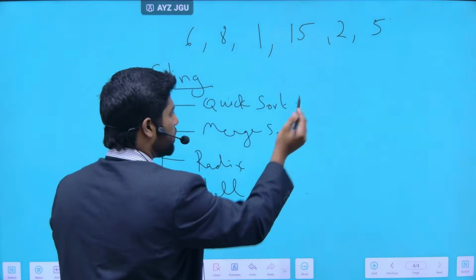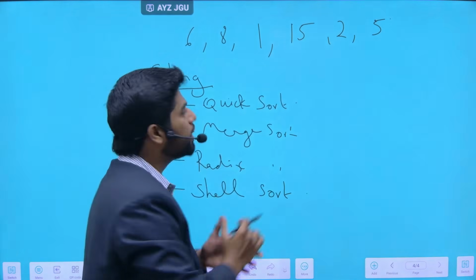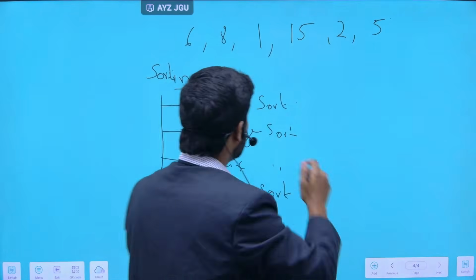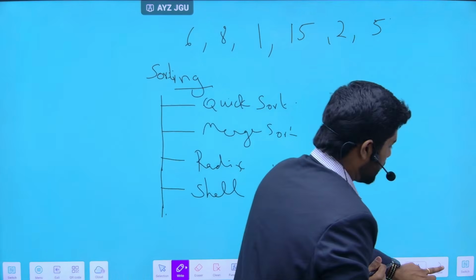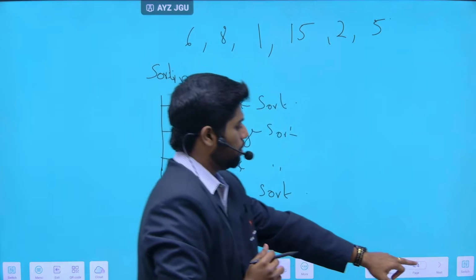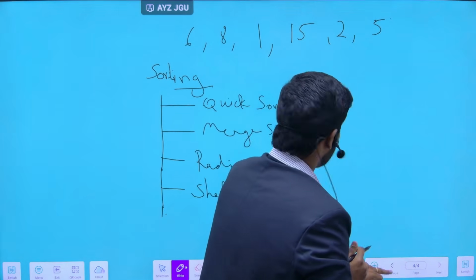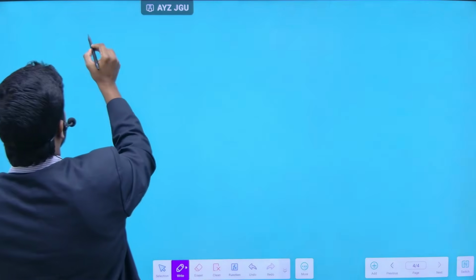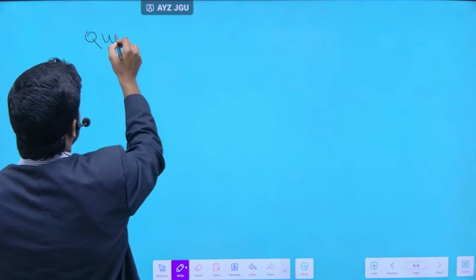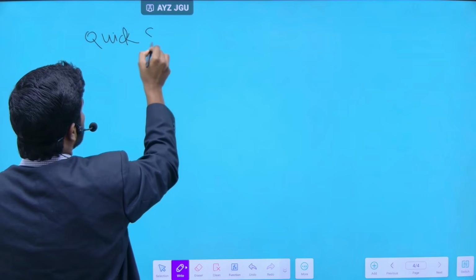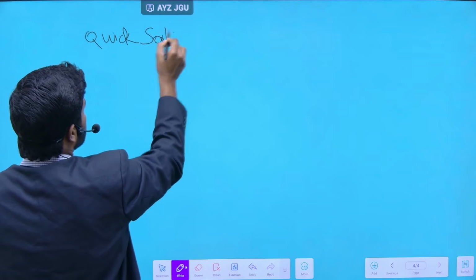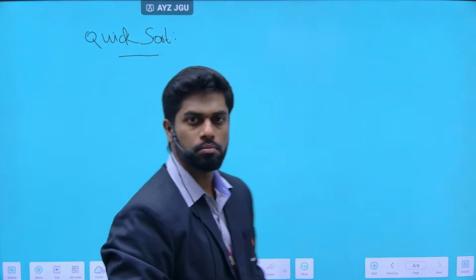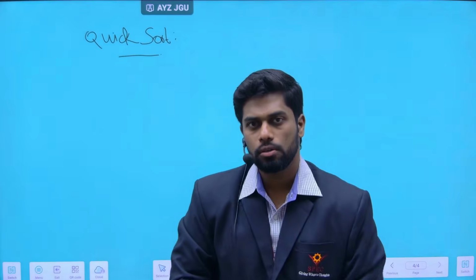Whatever you give as data, I need to arrange it in either ascending or descending order. Now we'll see one of the topics: quick sort. We will go for quick sort.